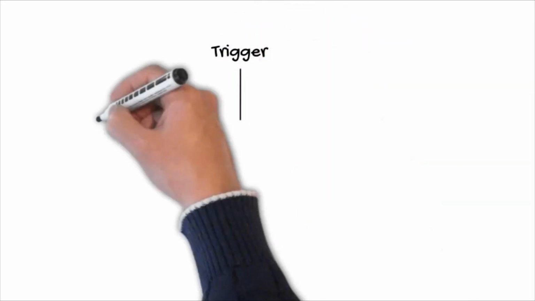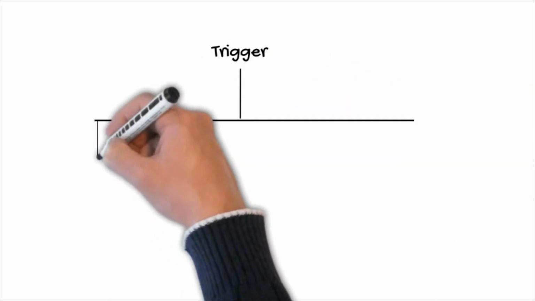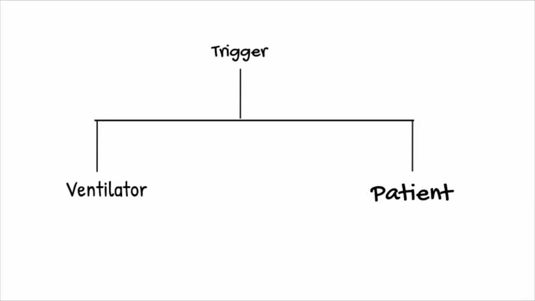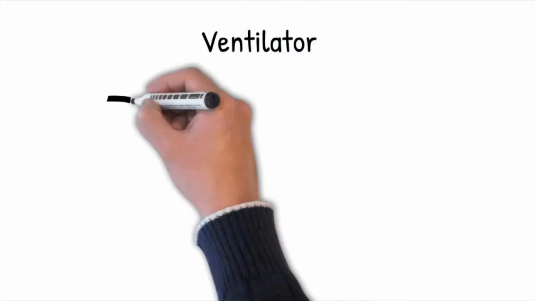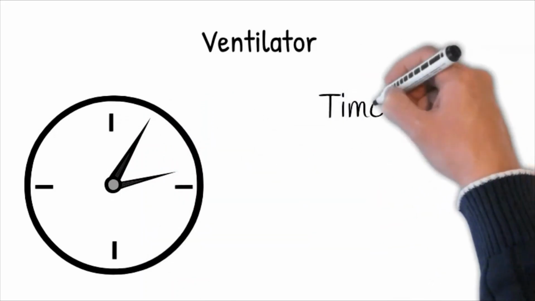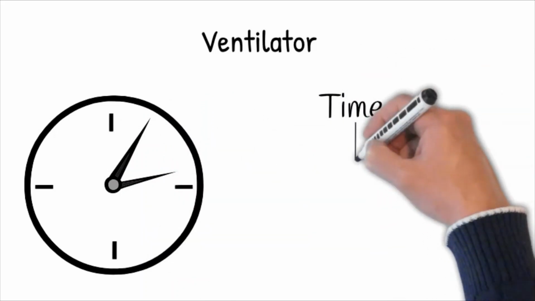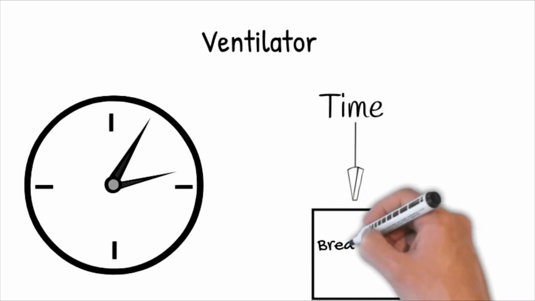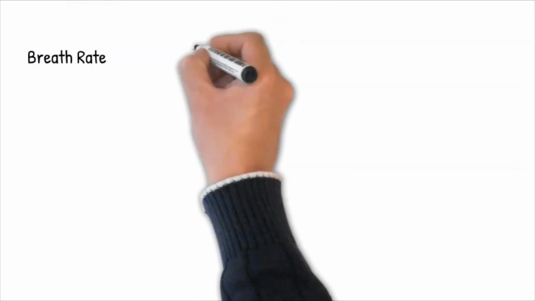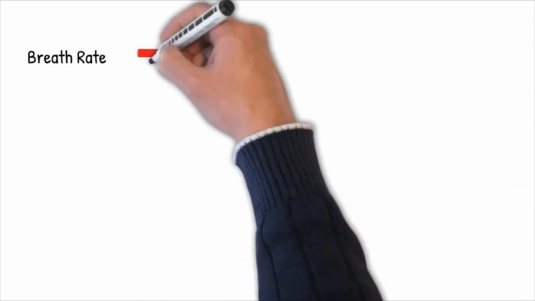Trigger can be driven by either the ventilator or the patient. When the ventilator triggers a breath, it uses time as a trigger parameter. This time is basically set by us when we set the breathing rate. When we set a breath rate, we are actually setting a time trigger.